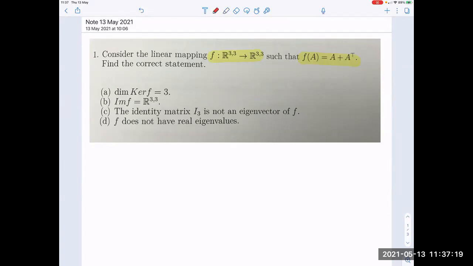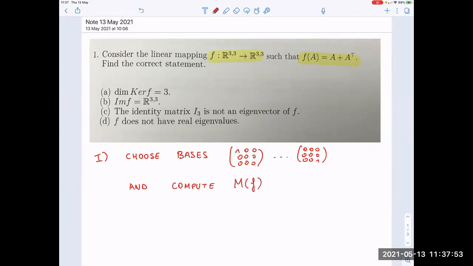One thing you can do is choose a basis. Why not the usual basis with only one element different from 0? You can pick these 9 elements and compute the associated matrix.